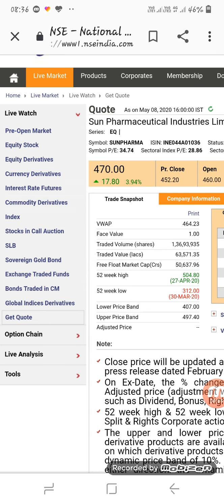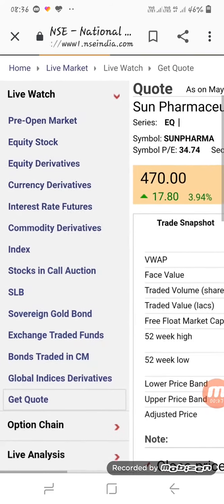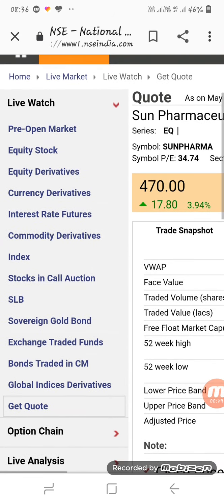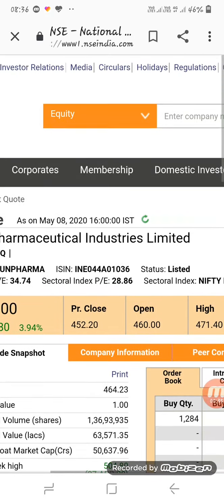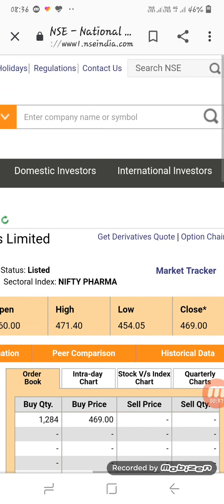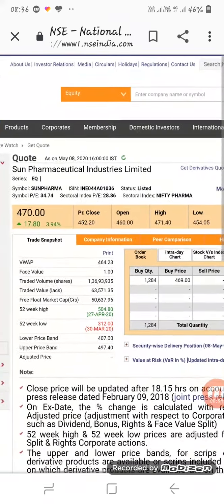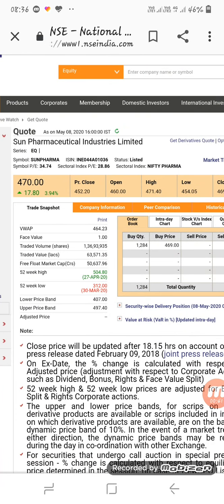When you click on the live market, you'll get various information. You can go to the index out here or directly type any company's name. I have selected Sun Pharma to explain what actually a derivative market, or options, is.